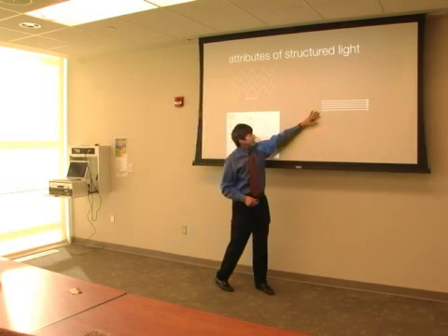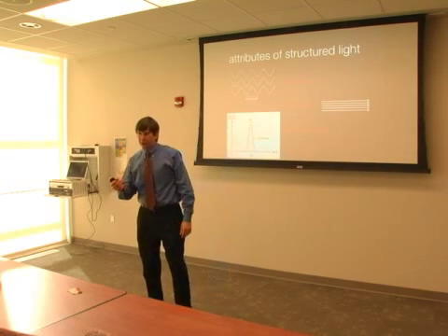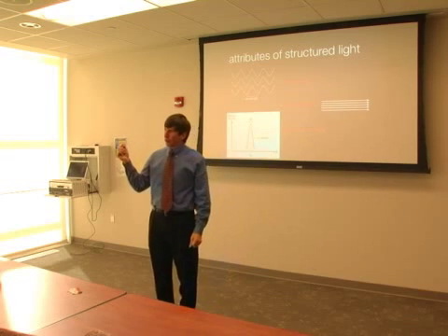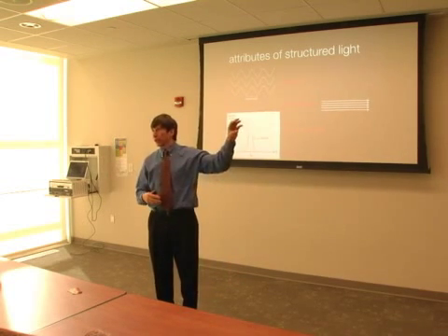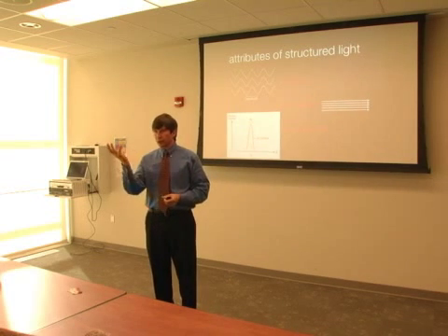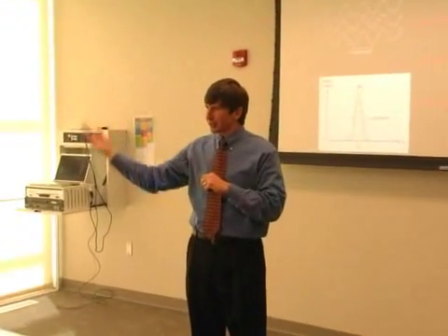Another property is the beam is collimated, which is why you can take a laser pointer and interfere with aircraft at far distances, because all the rays of light, all the photons, are traveling in the same direction. Unlike a diffuse light source like a light bulb, where they're going in all directions, so the further you get away, the intensity drops off.